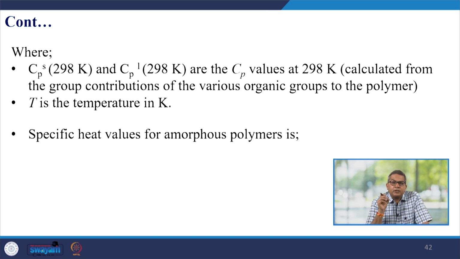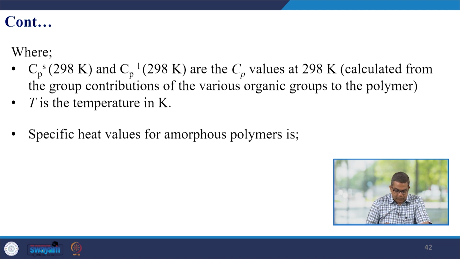Here Cp for solid at 298 Kelvin and Cp for liquid are the values calculated at 298 Kelvin from the group contribution of the various organic groups of the polymer, and T is obviously in Kelvin.